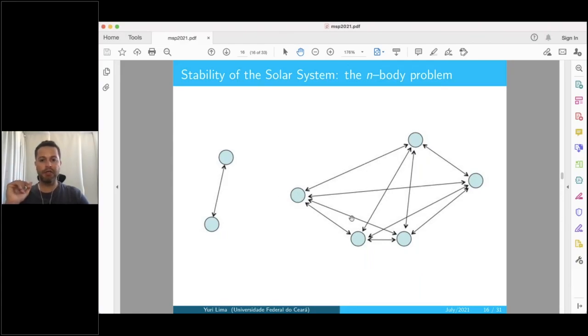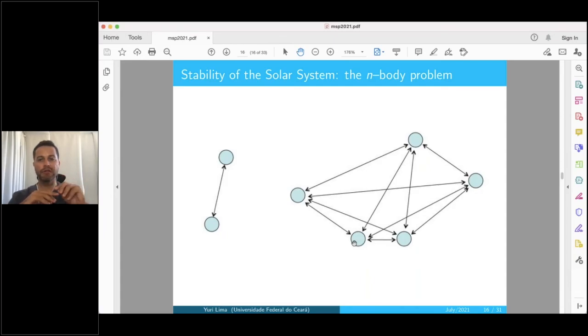For example, here you have a universe with five of them. Each of them has its mass, and there are gravitational forces acting for each pair of these objects. So if you have 5 objects here, you have actually 5 choose 2 gravitational forces.